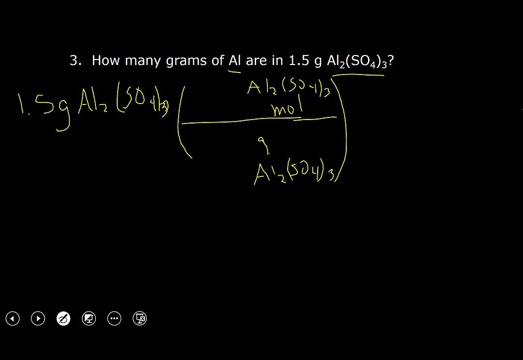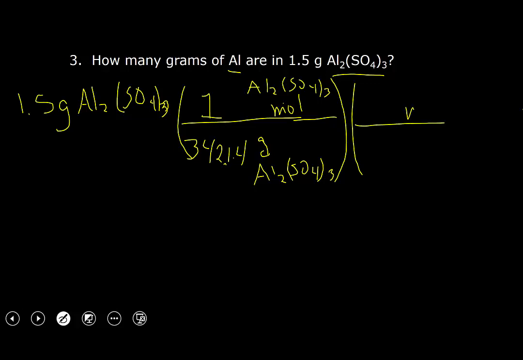All right, this is grams per mole. That's molar mass. We've already figured out what our molar mass of aluminum sulfate is. It is 342.14, whoops, that's 342.14 grams per 1 mole. All right, but we're looking for grams of aluminum. So we're at moles of aluminum sulfate. Now, once we're at moles of a compound, we can go to moles of a different compound.